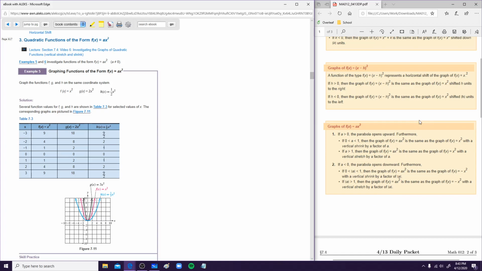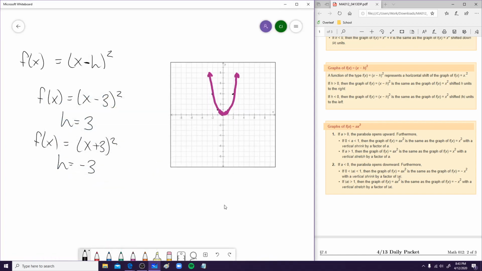Right? So the first statement: if a is greater than 0, the parabola opens upwards. For the first two statements, 1 and 2, I look at a, and it tells me just kind of what direction my graph will go.